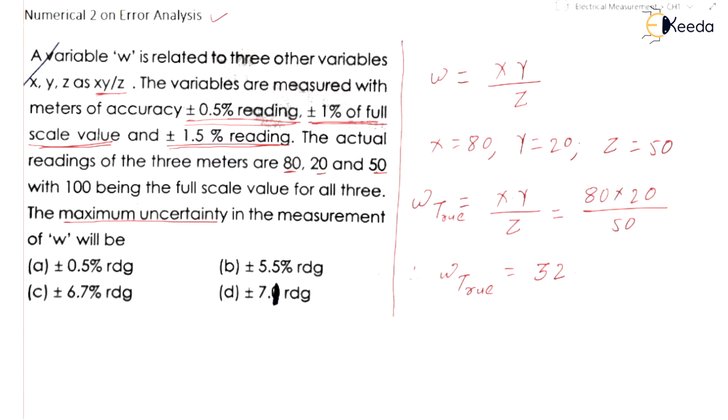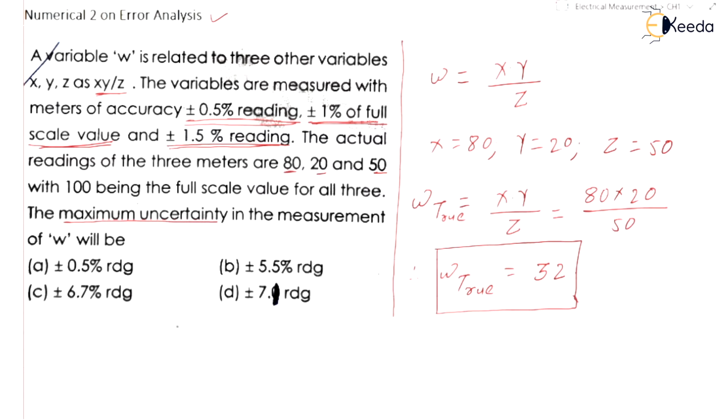Okay, this is the true value of w. Next, they have asked for the maximum possible error. For getting the maximum possible error, the measured value of w should be either very high or very low compared to the true value, because error is nothing but the measured value minus the true value, right?